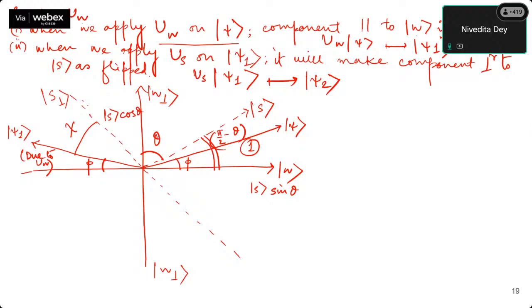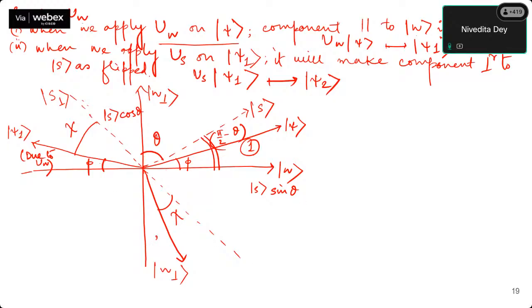Okay. So that means something like this I am going to get. And this part will now also be lambda. Same way as we have done for psi, or sorry, phi, likewise here.